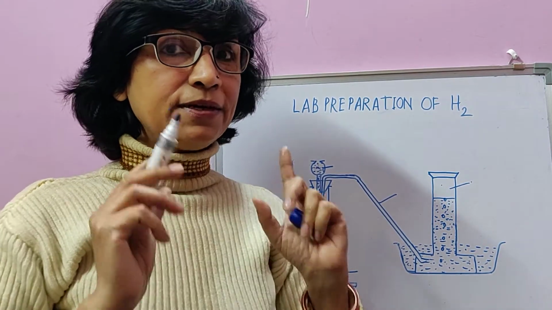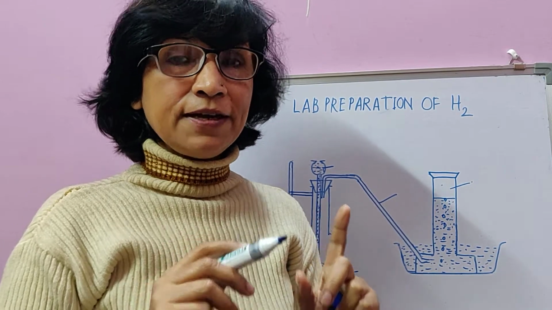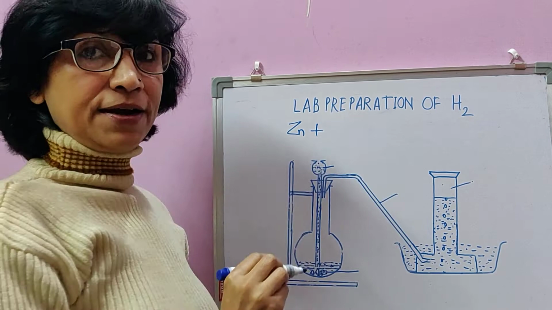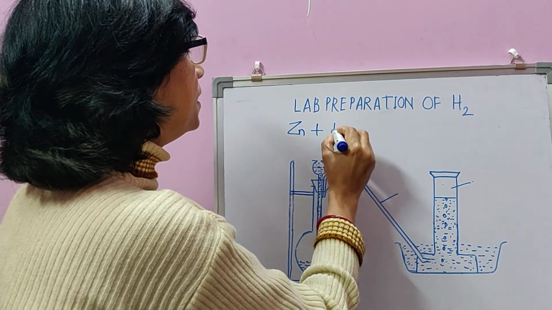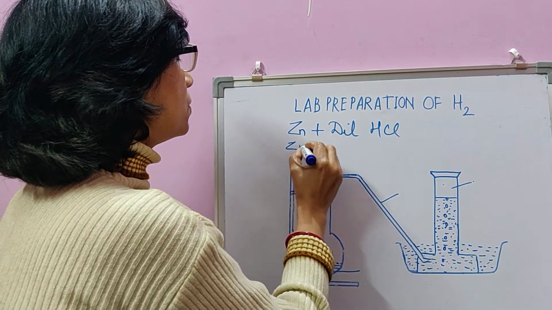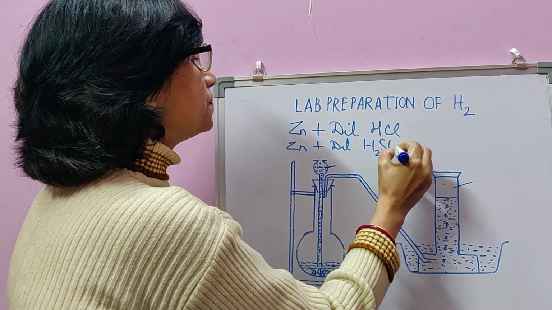So let's come directly to the method of preparation of hydrogen in the lab, that is by action of zinc and dilute acid like dilute HCl or dilute H2SO4.